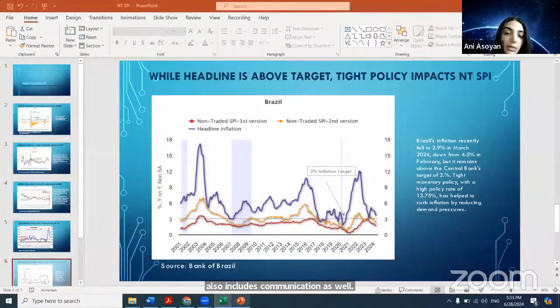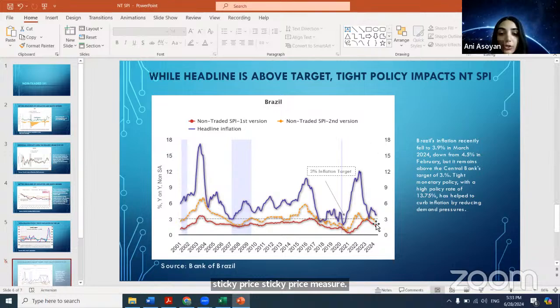As Diana has shown us, this is Brazil's non-tradable sticky price version. And I have compared it with the headline inflation. As you can see, the headline inflation has more volatility compared to the non-traded sticky price measure.